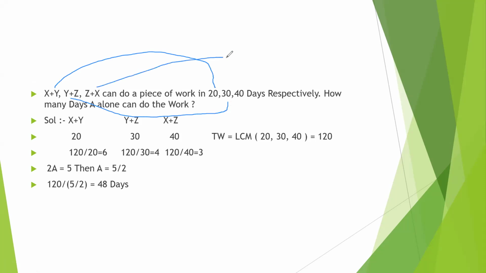And z plus x can do the same piece of work in 40 days. Then how many days can x alone do the work? Here there is a typing error, it is x.